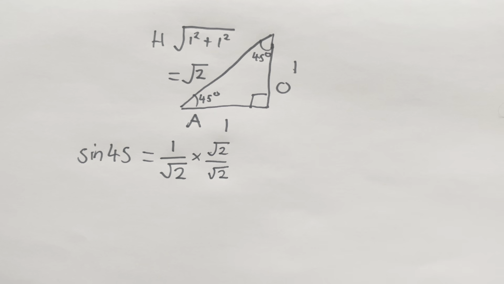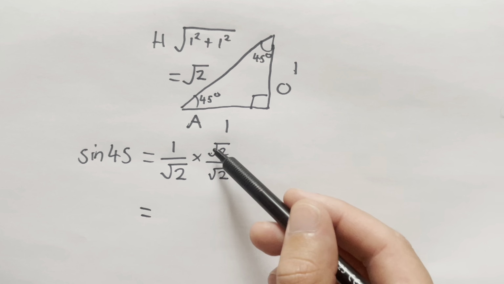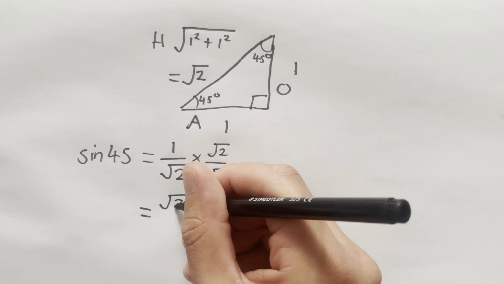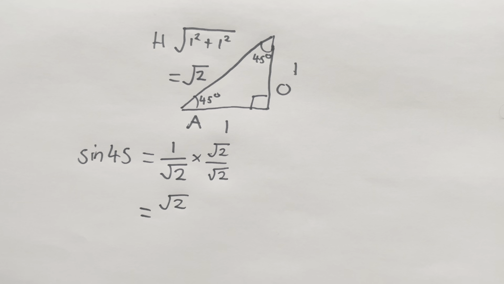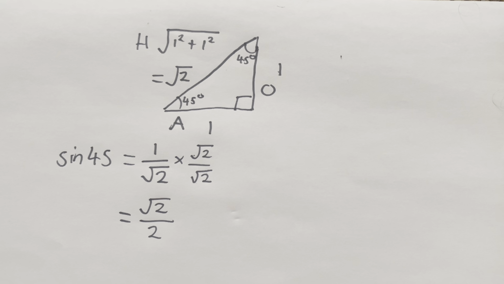This is just a fancy way of saying 1. We times by 1, nothing really happens. So on the top of this fraction, 1 times root 2 is just root 2. On the bottom, root 2 times root 2, that would be root 4, which is just 2. So sine of 45 is root 2 over 2.